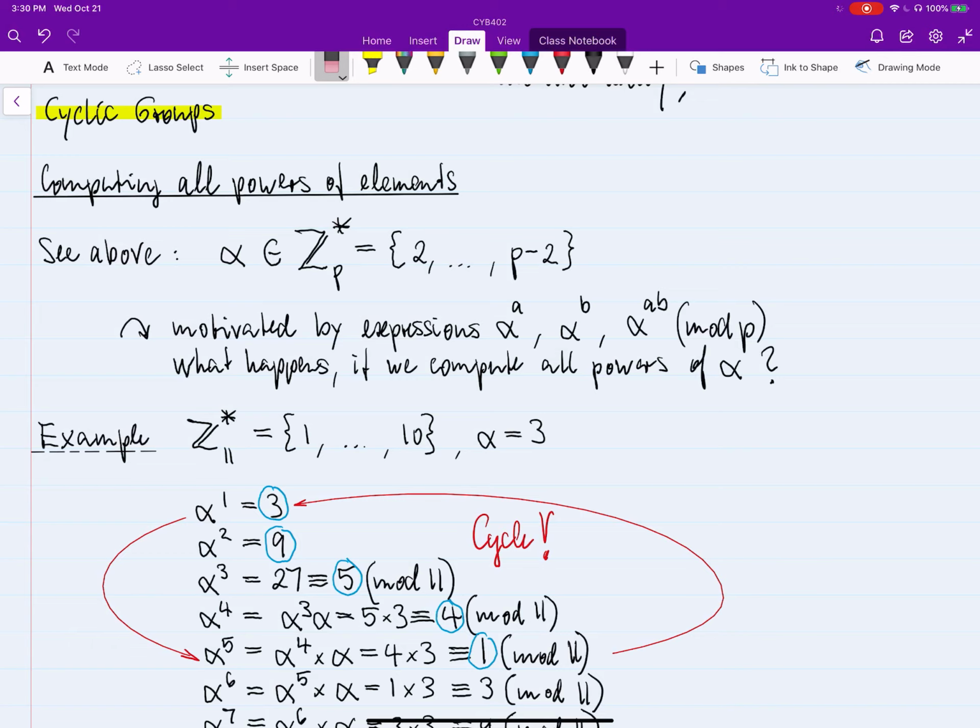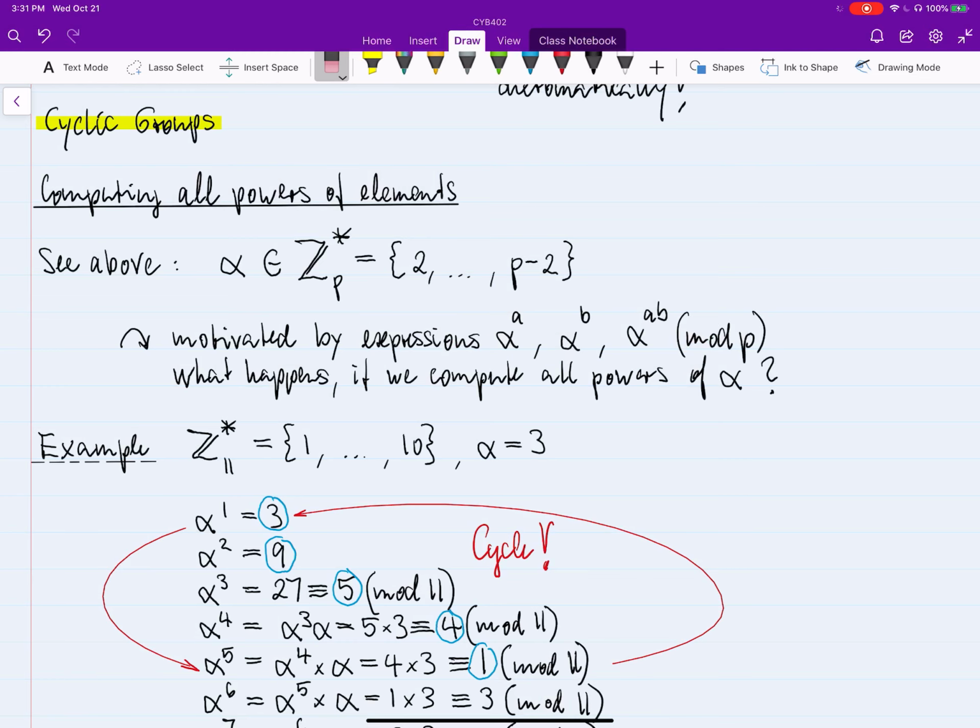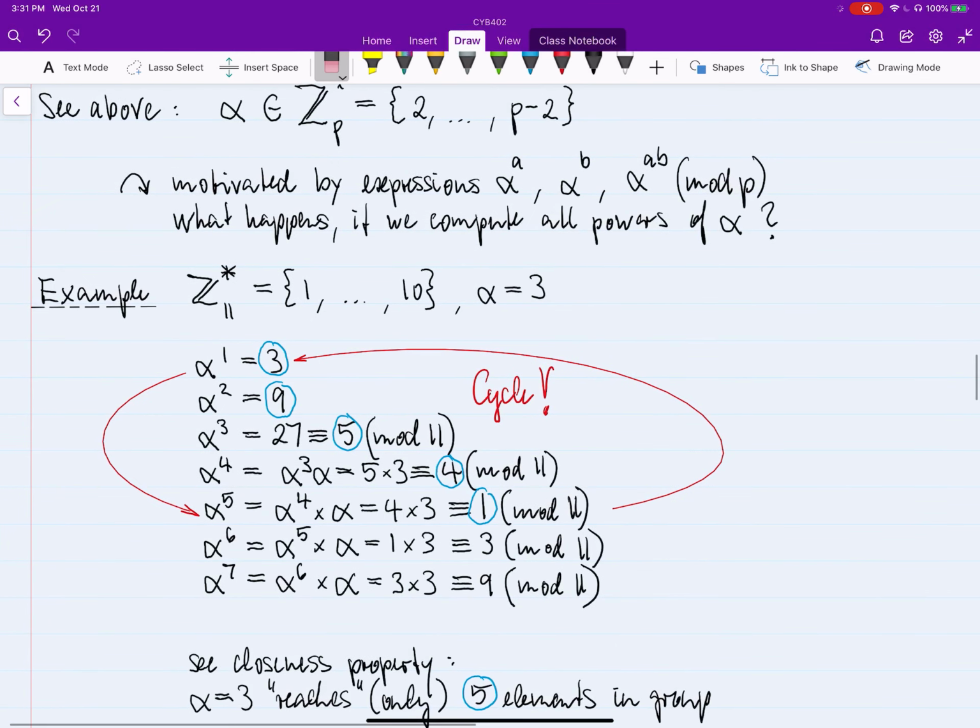Motivated by what you saw before, where we computed expressions alpha to the small letter a, alpha to the small letter b, and eventually our shared secret was alpha to the small letters a and b modulo p, what we can do is compute different powers of alpha and see what we get.